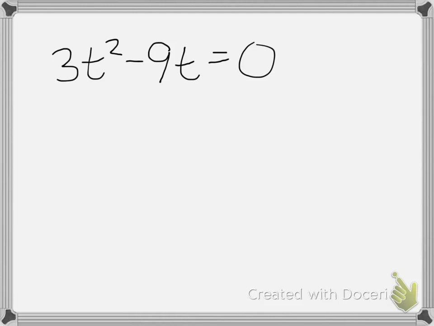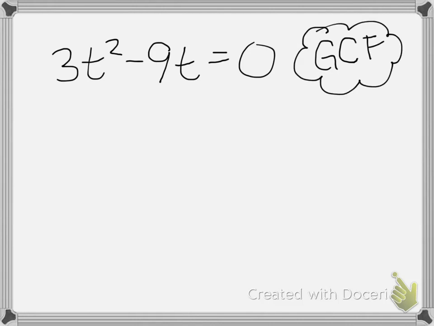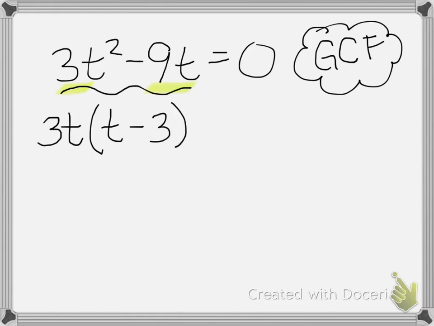The first thing you want to look for, and I keep saying it over and over, seems like lately, is your GCF. So what's a GCF between the first two terms? A GCF between the first two terms is 3t. If I factor 3t out of this part, I get t minus 3, and we'll put equals 0.